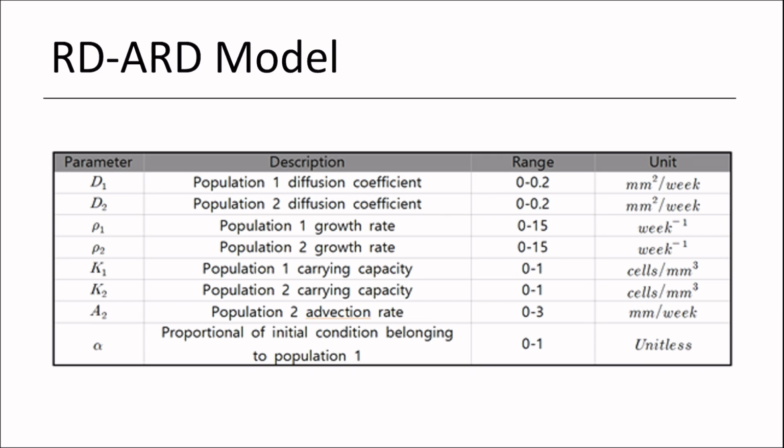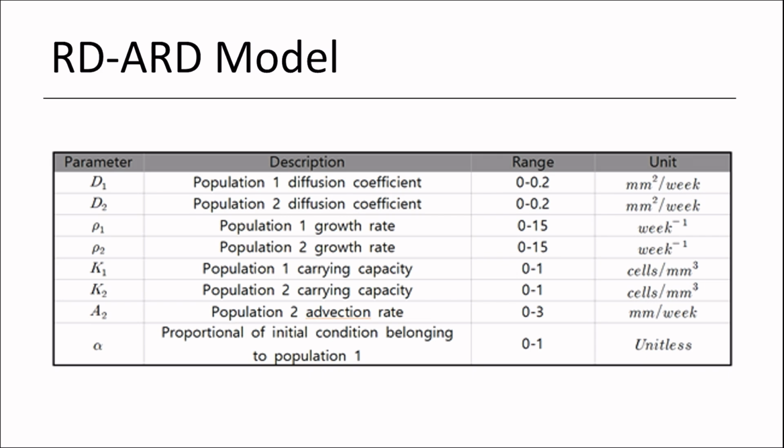The RD-RD model describes two populations of cells, both following reaction diffusion behavior, meaning both diffuse and proliferate but without advection. Finally, the RD-ARD model considers two distinct cell populations. One follows reaction diffusion dynamics, while the other follows advection reaction diffusion dynamics.